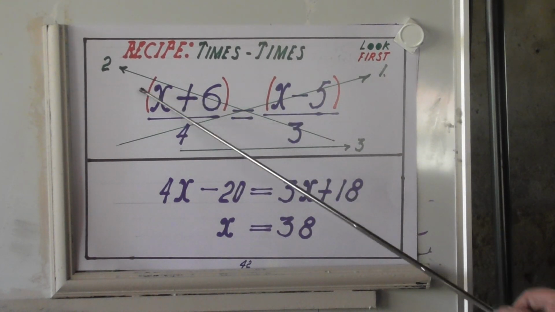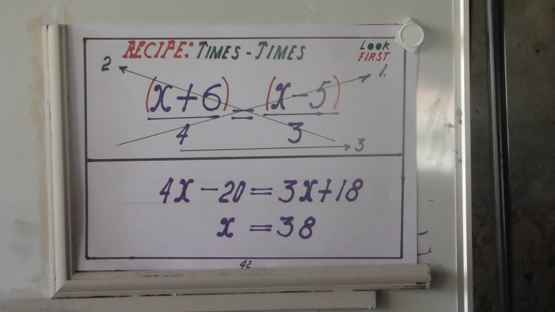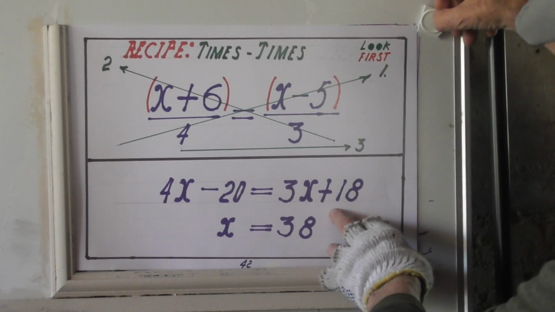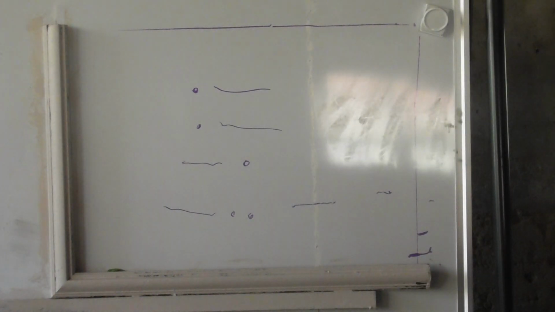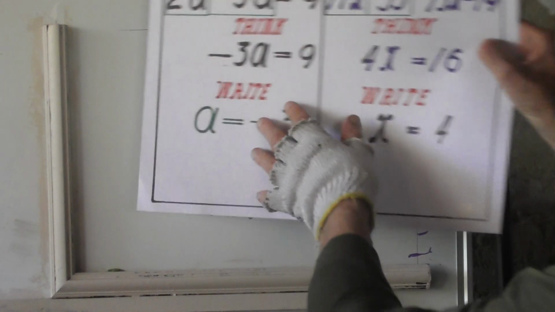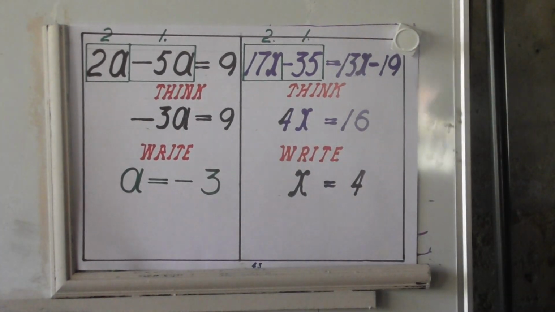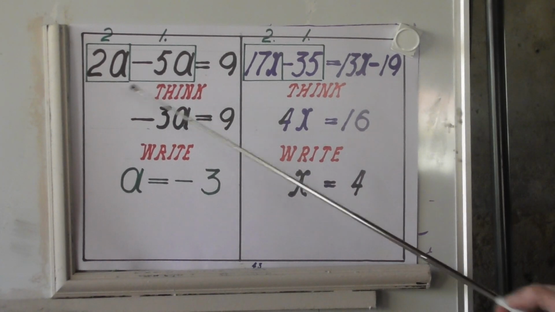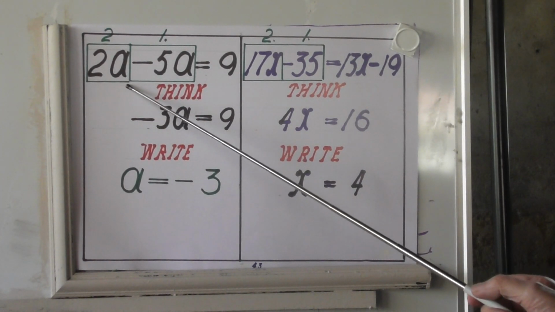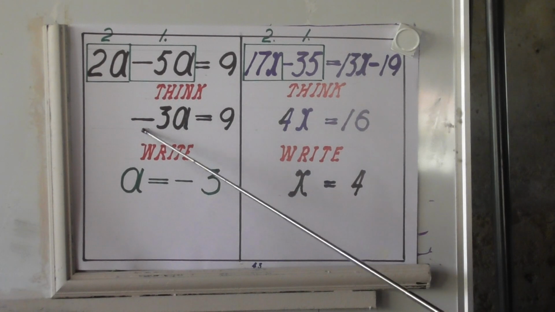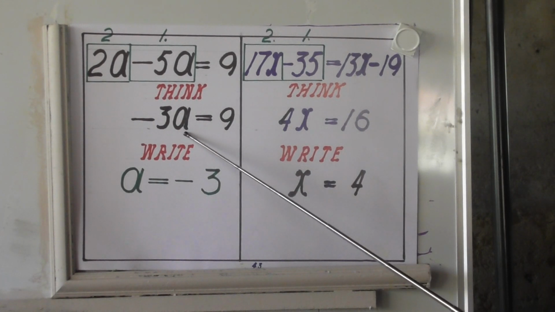Times, times. This line equals that line. There's 2 positives, A, and 5 negatives, so the negatives are winning by 3.